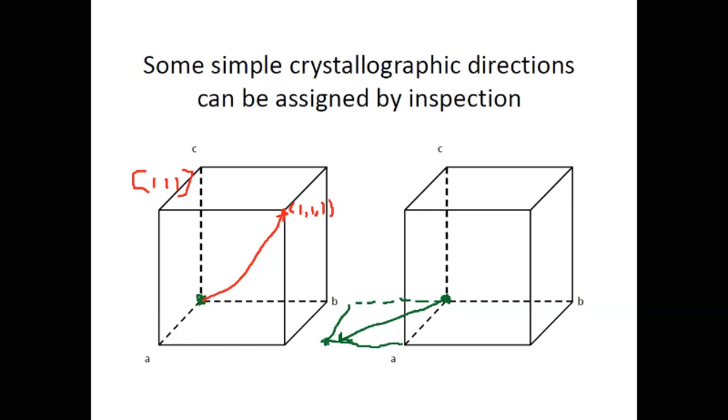So this coordinate here would be 1, negative 1, 0, because we went backwards on the B axis, which is y. And so the direction of this vector would be 1, 1 bar, 0, because on the C axis we didn't move anywhere, so it's 0. So this is the 1, negative 1, 0 direction shown here.